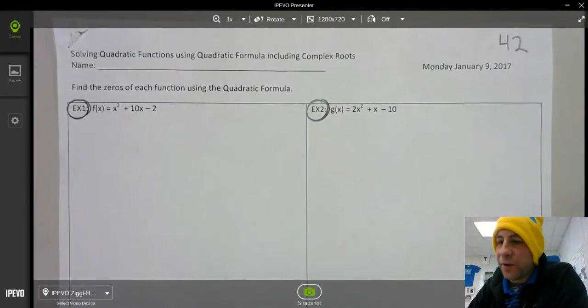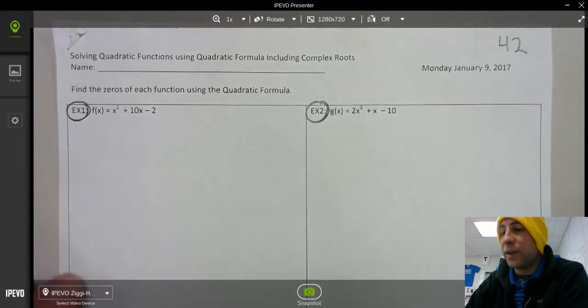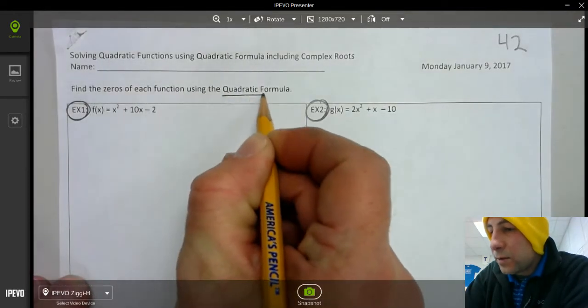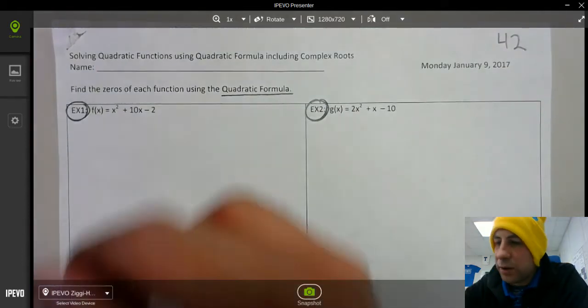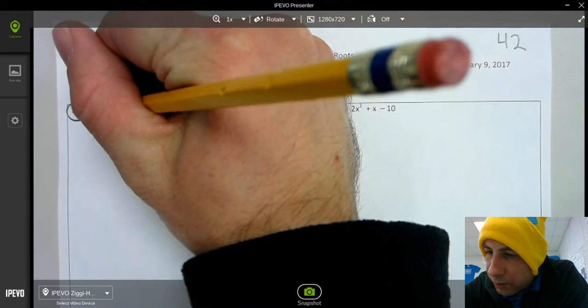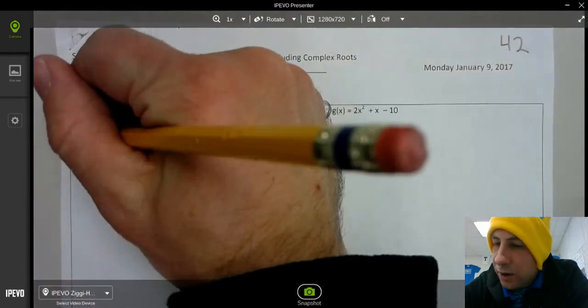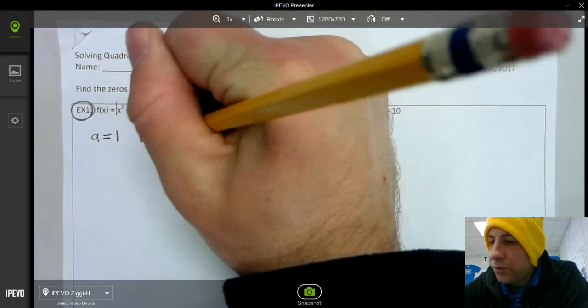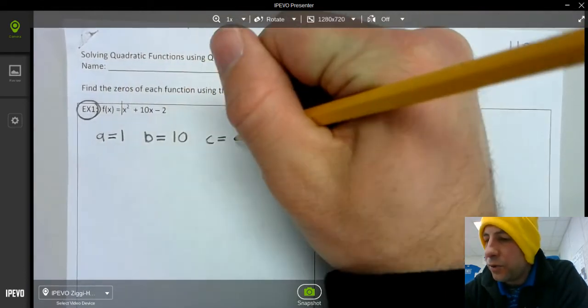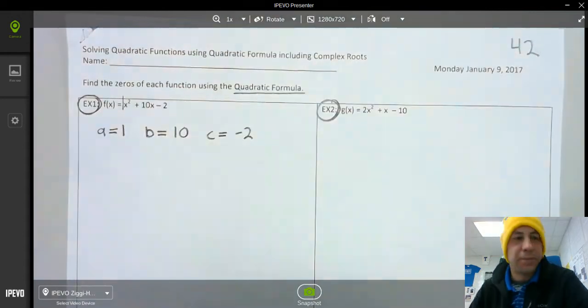Now the instructions say, find the zeros of each function using the quadratic formula. So when you solve using the quadratic formula, first we know that the number in front of x squared is 1. You need to know what a, b, and c are. So a equals 1, b equals 10, and c equals negative 2.